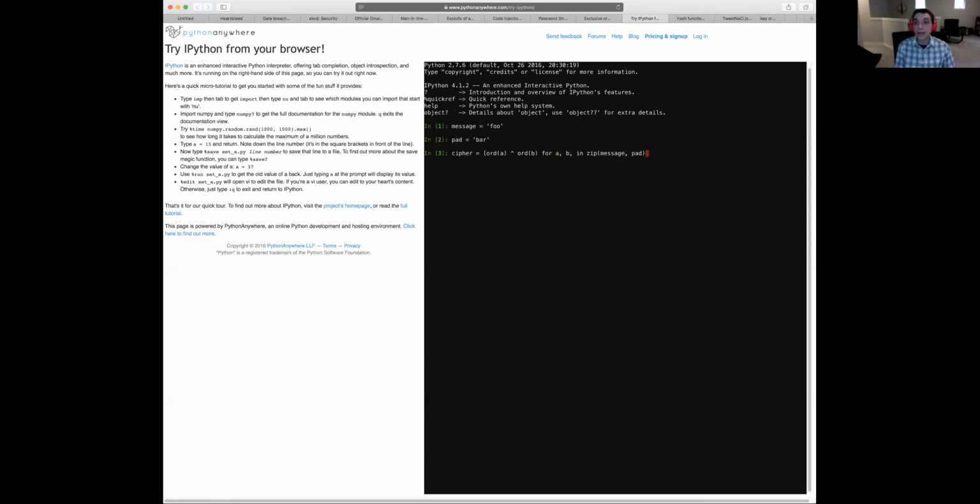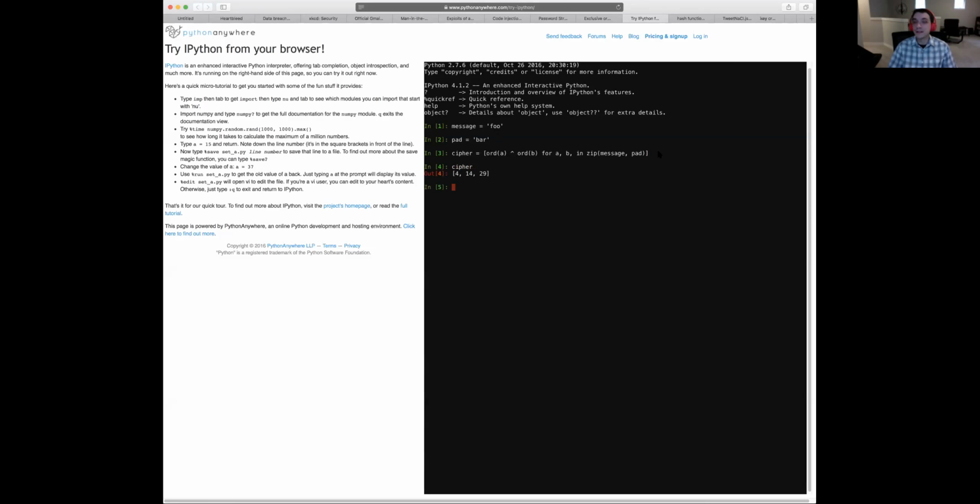So just to explain what this is doing exactly, we are iterating over the pairs of characters. That's what zip is allowing us to do from the message and the pad. And before we XOR them, because these are characters in a string, we have to make them ordinal. We have to make them integers, basically. And then XOR can do its thing. Let's go ahead and do that. And now let's look at what we got out of that.